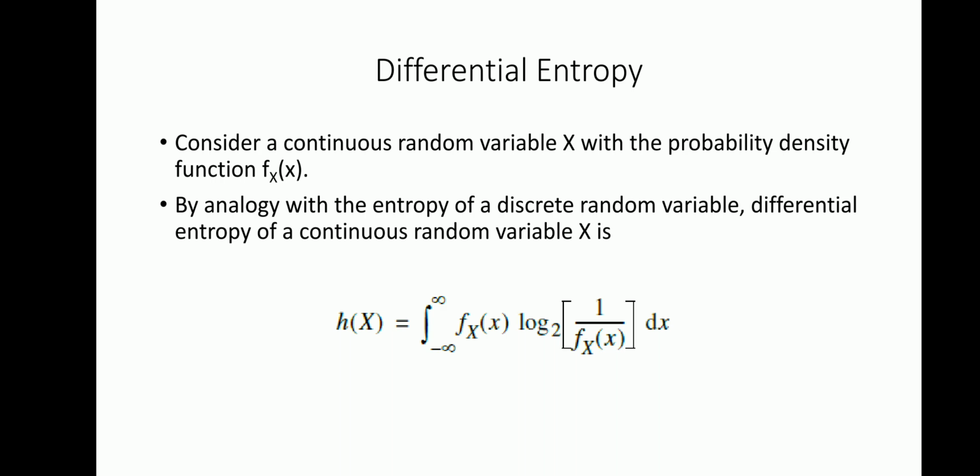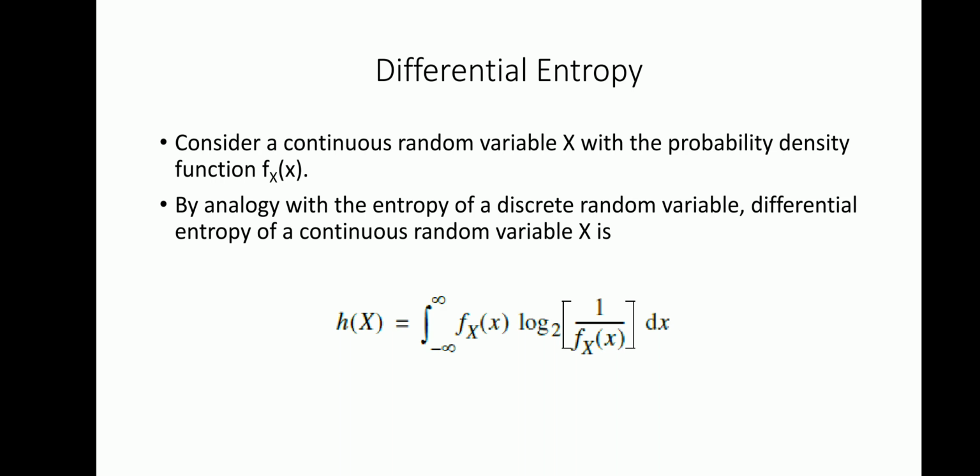So it is defined as h(X) equal to the integral from minus infinity to infinity of fX(x) log of 1 by fX(x) to the base 2 dx. Here the notation is changed: instead of summation, for a continuous random variable we are using integration, and we are using the probability density function.